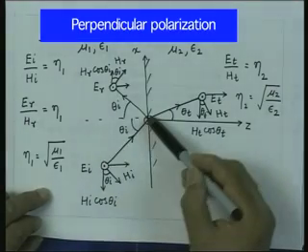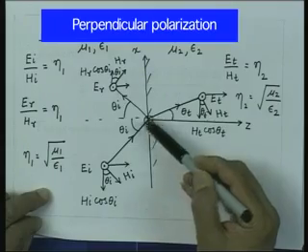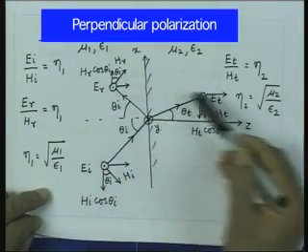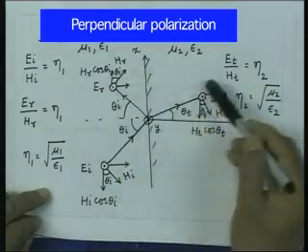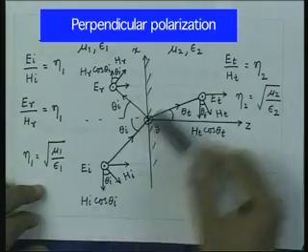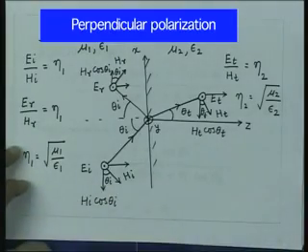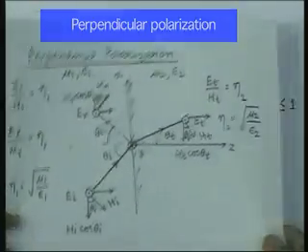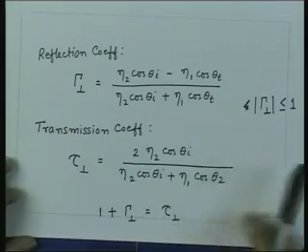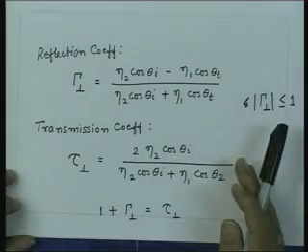So, if you have a certain power density coming in, the sum of the power densities going into the reflected wave and the transmitted wave must equal the power carried by the incident wave. So, though the electric field could be larger in the second medium, the Poynting vector for both the reflected and transmitted waves will always be less than the Poynting vector of the incident wave.